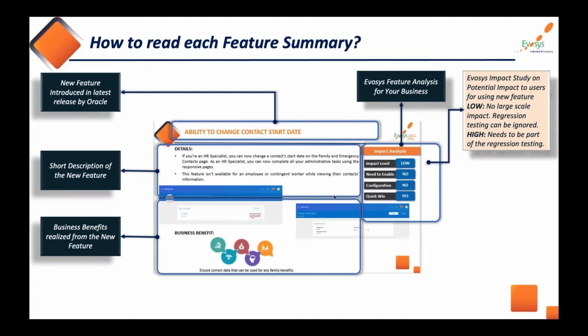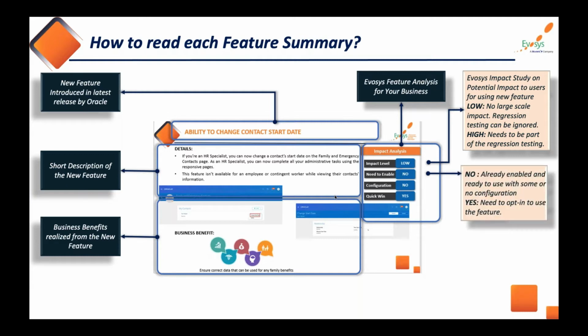A low would mean no large-scale impact, so regression testing is not really required or can be ignored. And obviously, a high impact is the complete opposite. We then inform you whether the update will just appear or whether you need to actually enable it to benefit from it.